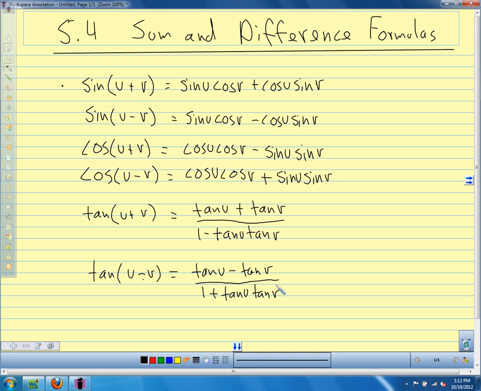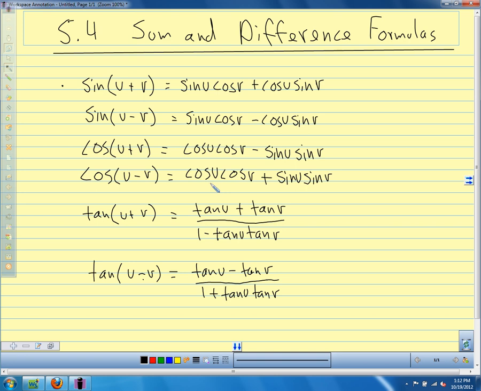I think we've worked with them enough that a lot of us do have those memorized. But these, because there's so much going on with them, I haven't memorized them, so I wouldn't expect that you guys would memorize them.